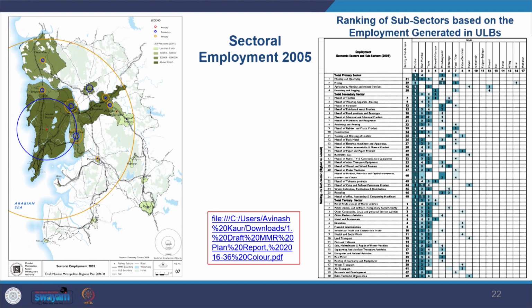In the table on the right-hand side, you can see the primary sectors and all the ULBs, with a grid showing the prime area, number 1, 2, and so on. It indicates which is the primary sector in that particular area providing employment. So you are cautious about what you are dealing with and well aware of it.